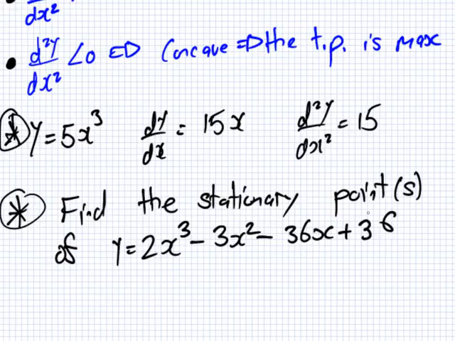So this is a good example to do first, because there'll be how many turning points? 2 turning points. One should be max and one should be min for this shape.